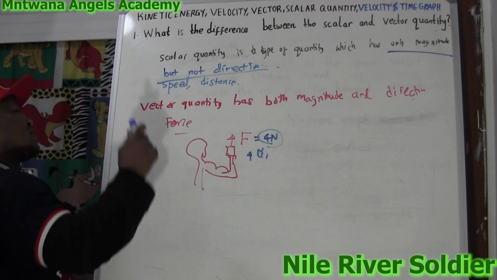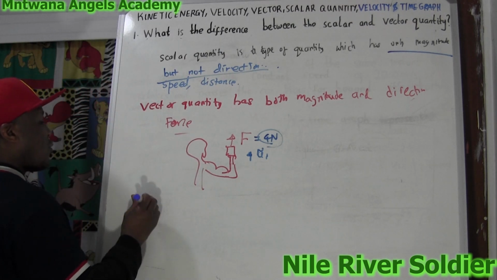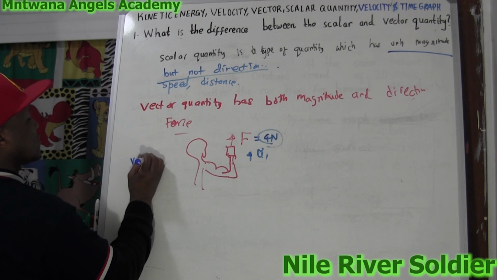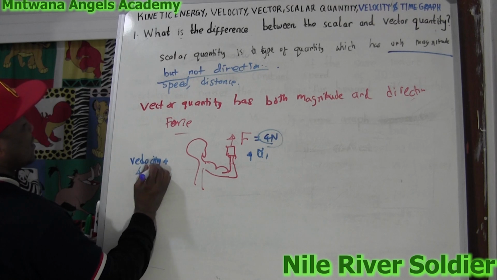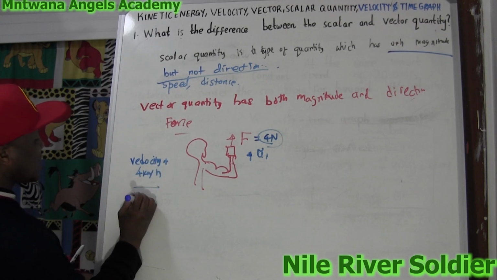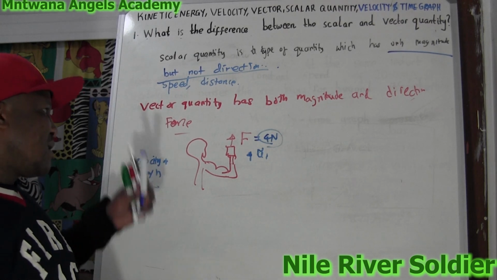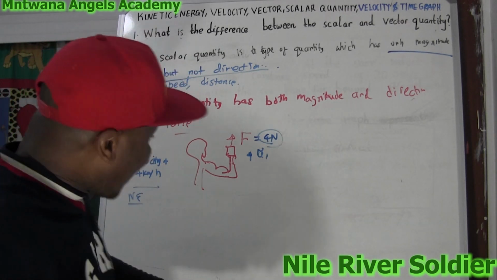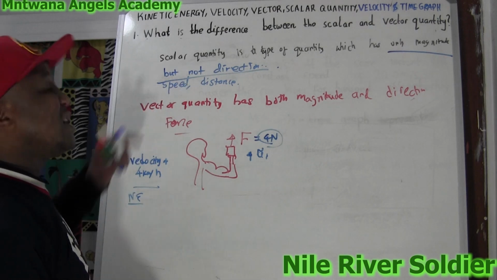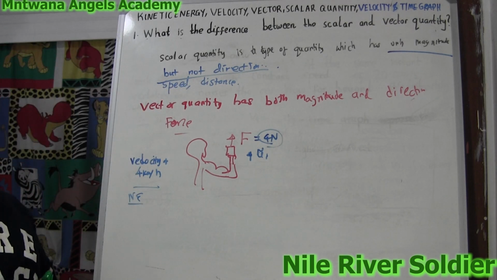Say the wind is blowing southeast. How does it blow? It blows with a velocity of, let's say, 4 kilometers per hour. Which direction? Northeast. So this is a vector quantity because it has a magnitude and direction. But when you say speed, it does not specify direction.